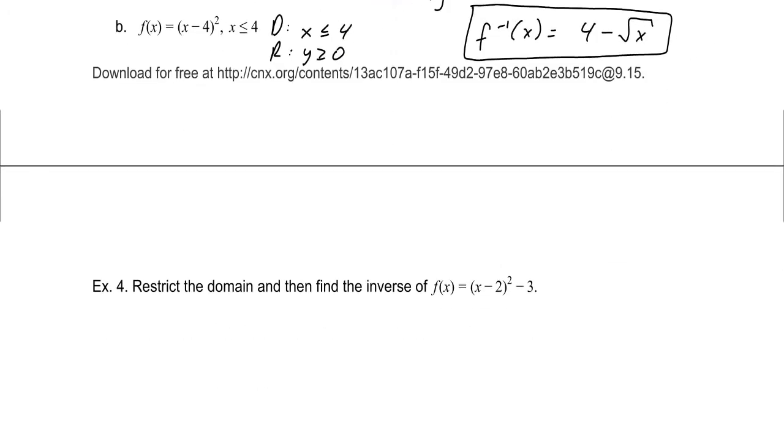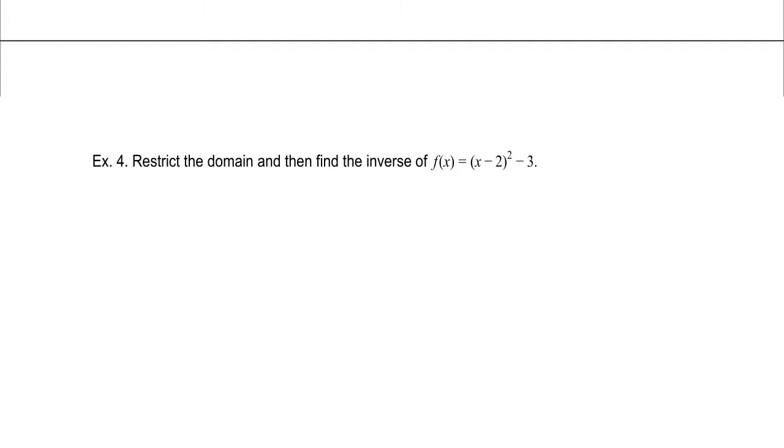Alright, next we want to restrict the domain and then find the inverse of f of x equals (x minus 2) squared minus 3. Same process. Restricting our domain, this function has a domain of all real numbers and a range of, since it shifted down and is opening up, y is greater than negative 3.